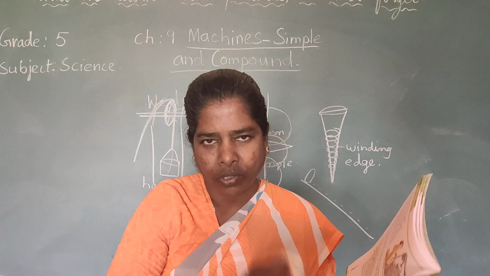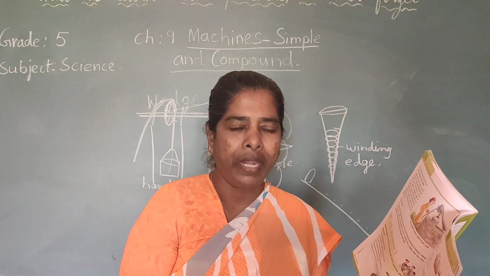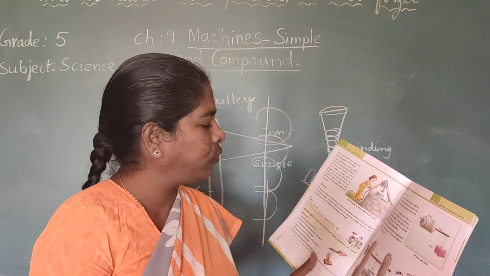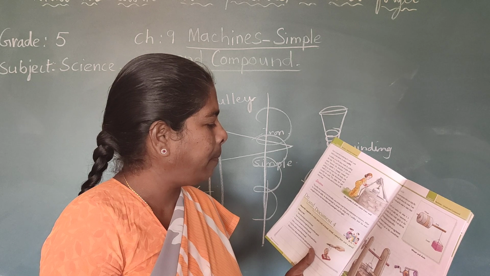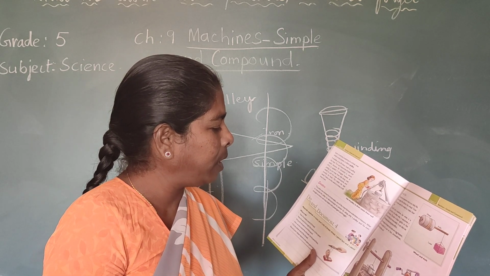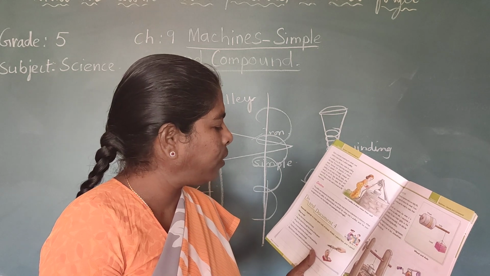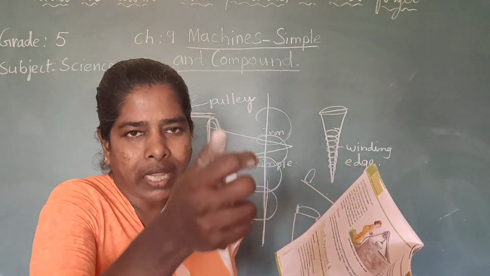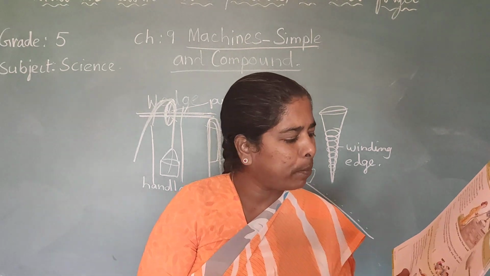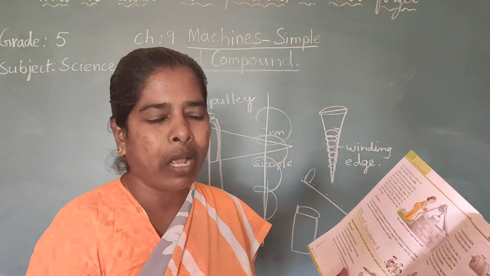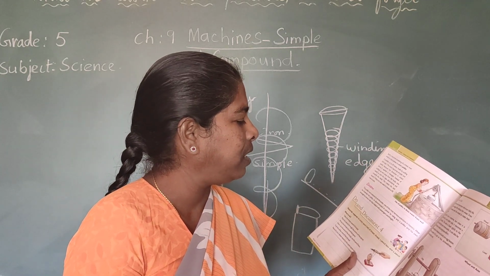Instead of pulling up and away from the body, one needs to pull the rope downwards and towards the body. They pull downward, children, towards themselves. That's why the work is becoming easy. This makes the task easier.